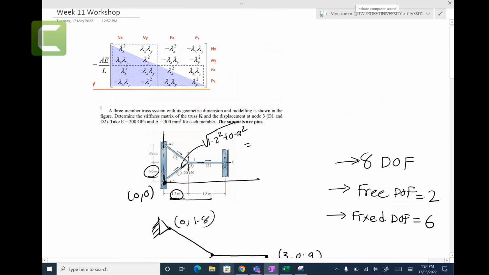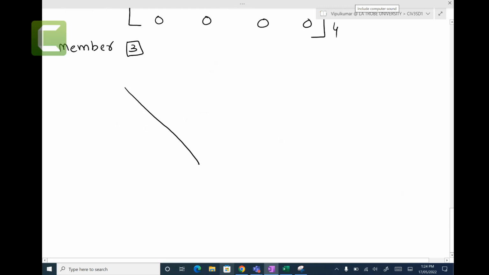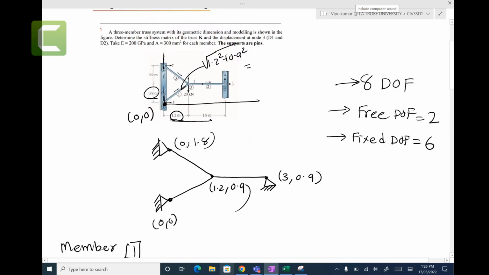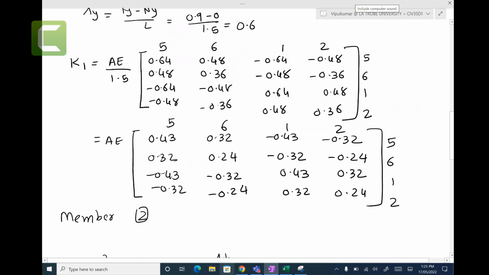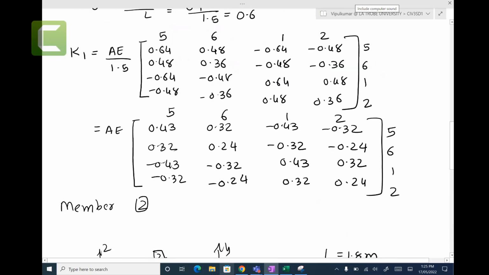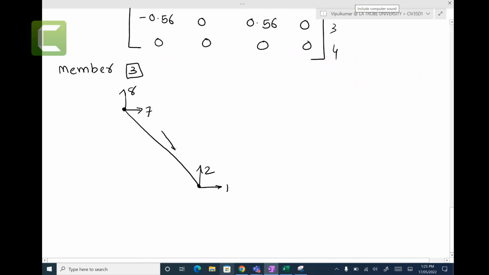That is 1, 2, and then 7, 8, going down, number 3.